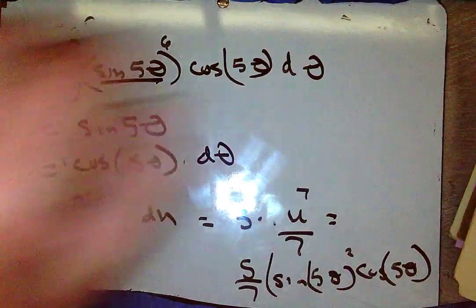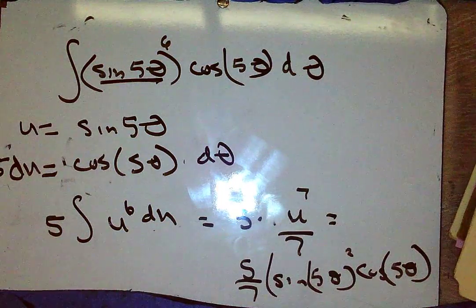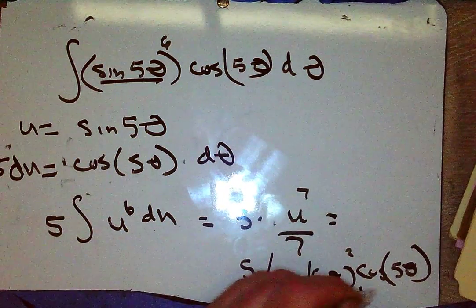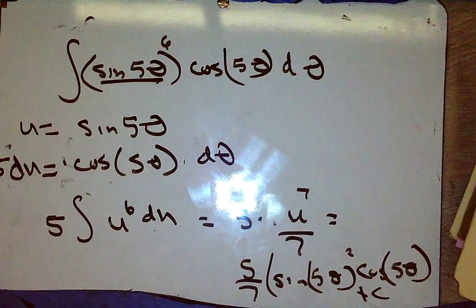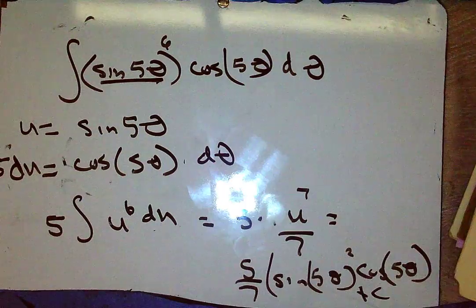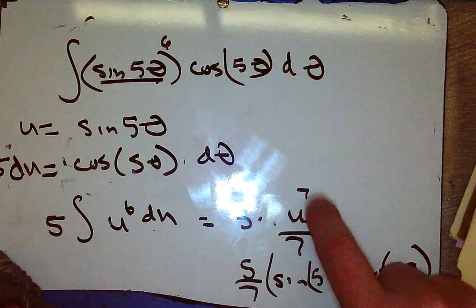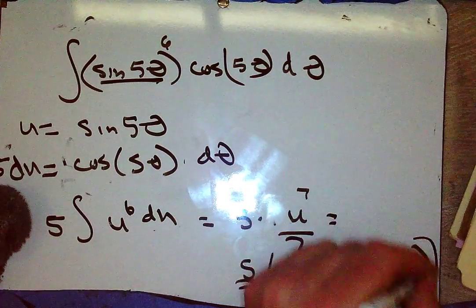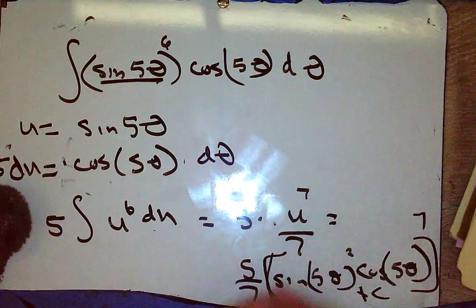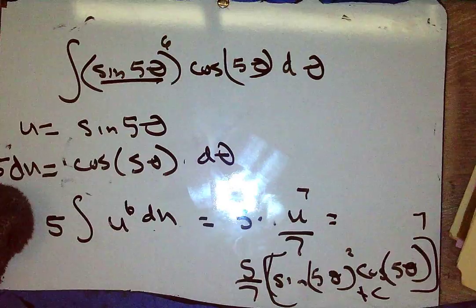Okay, last one on. Oh, you almost let me forget the plus c. Why do I feel like that's wrong? It is wrong. I didn't have the 7th. I had the over 7, but I left out the 7th. Okay.